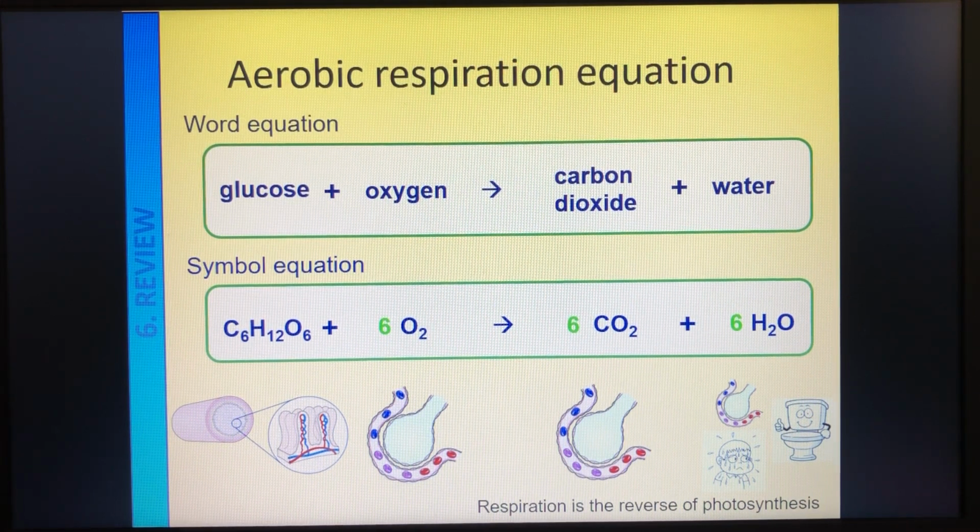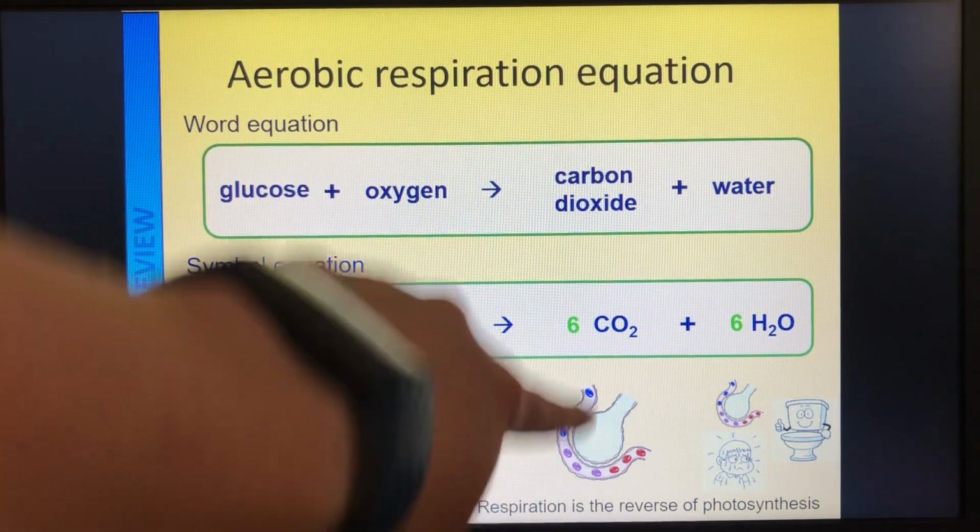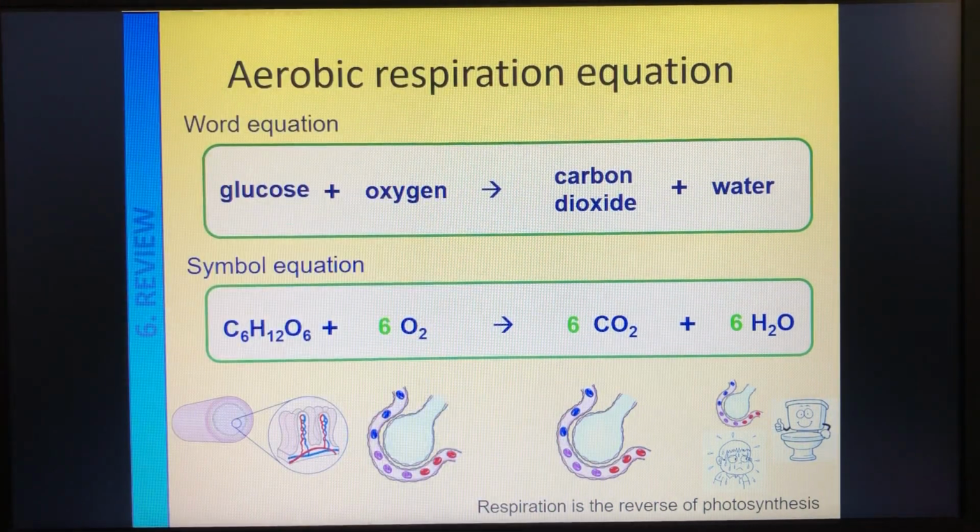Breathing is just this process of the oxygen going into the blood and carbon dioxide coming out of the blood. It is not respiration. It's part of the respiratory system, and I think that's maybe where people go wrong, but respiration is this chemical reaction. It is not the same as breathing.